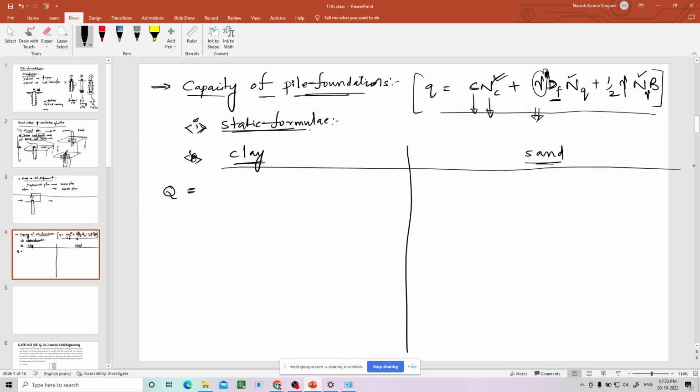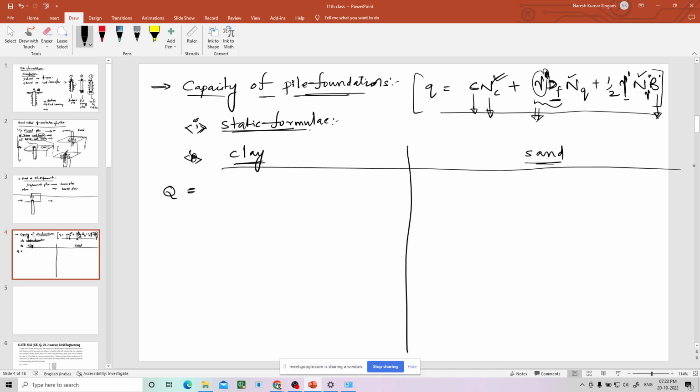If you combine gamma dash into Df, that is the effective stress at the bottom of the foundation. Again gamma dash is the unit weight of the soil and N gamma is again a bearing capacity factor. B is the width of the strip footing.